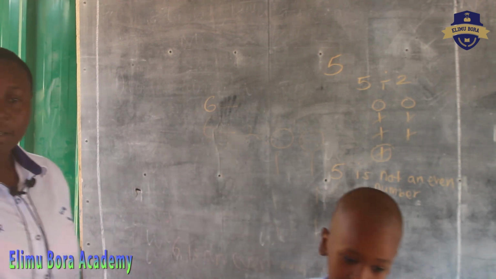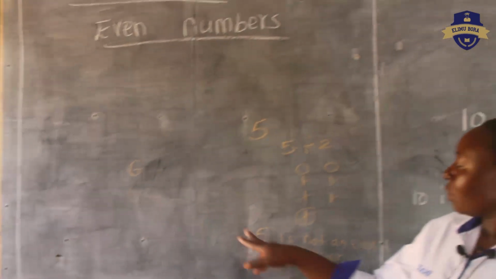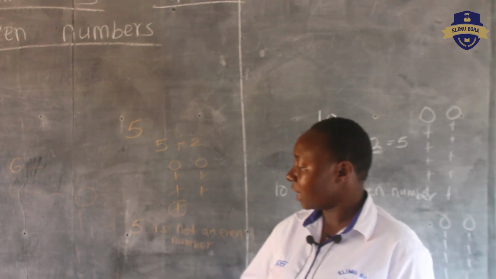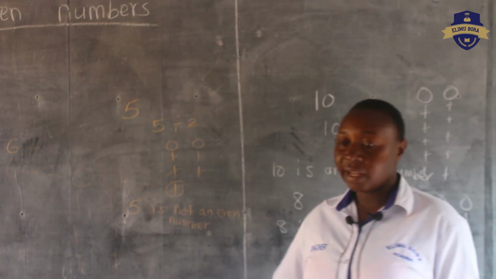Has he gotten it? Yes. Can you clap for him? So you divide 6 by 2. Every child is getting 3. There is no remainder. We say 6 is an even number.